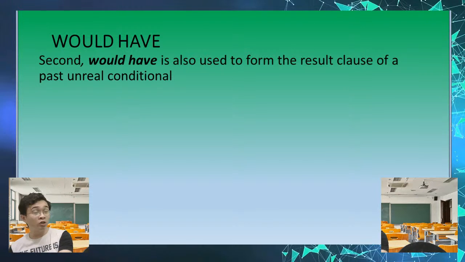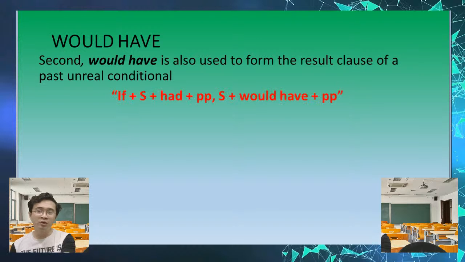So commonly we can use would have PP in the third if conditional, because it talks about a past unreal conditional or past unreal situation. So the pattern here, we use if plus subject plus had PP. Remember, try to put a comma because a comma is necessary for this kind of pattern, and then subject plus would have PP.